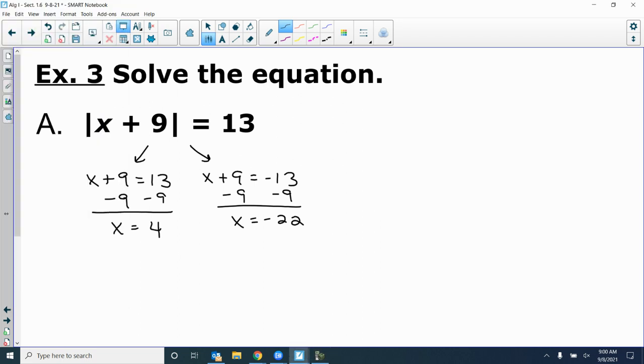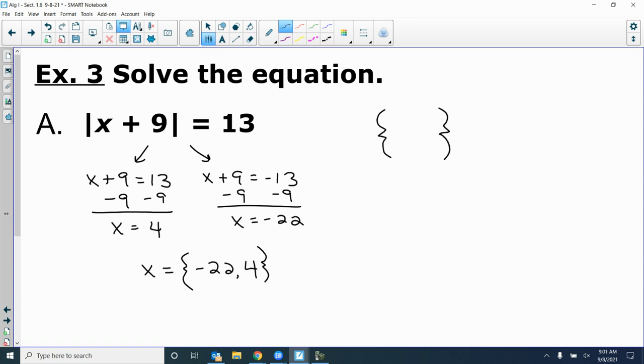So my two answers. Now here's how you write your answers when you have more than one. These are called braces. So you make a little half parenthesis, a little caret nose, another half parenthesis. And we put these in order, negative 22, comma 4, from lowest to highest.